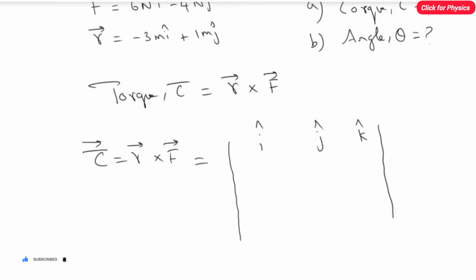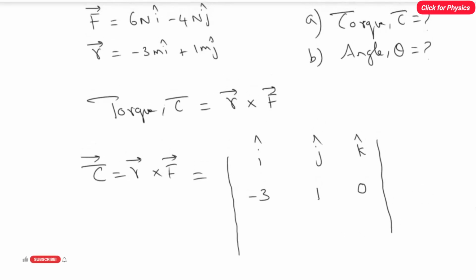Here the i cap value is minus 3, the j cap value is 1 meter, and there is no k cap, so we put 0. Likewise, I have to write the force vector. The i component of the force vector is 6 Newton, the j cap value is minus 4, and there is no k cap, so we put 0.